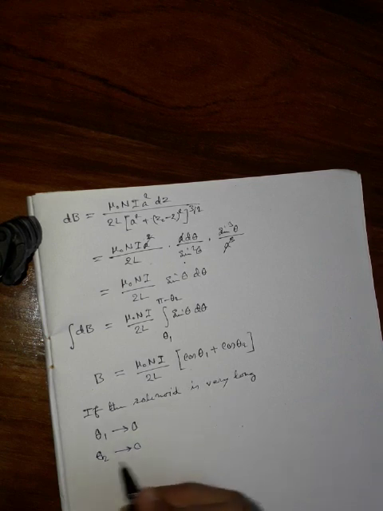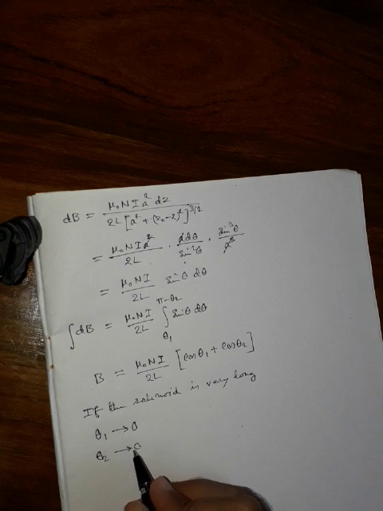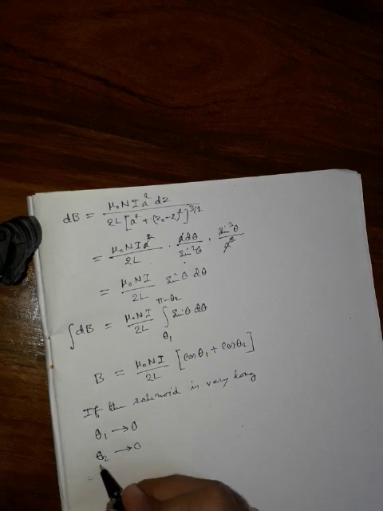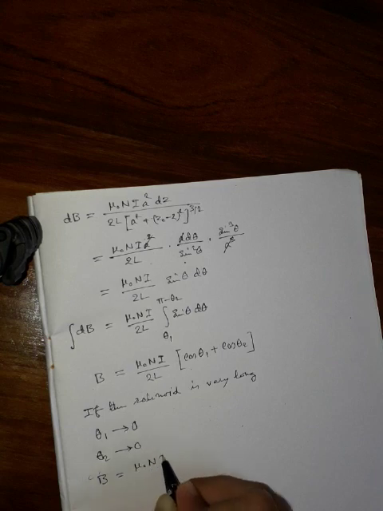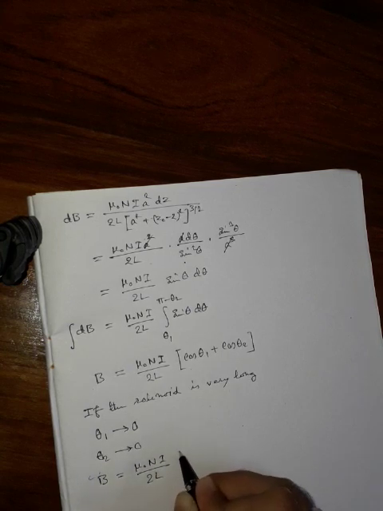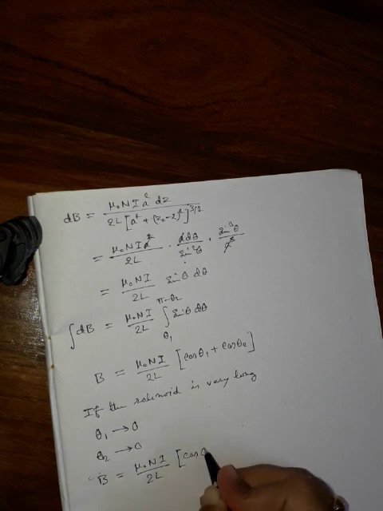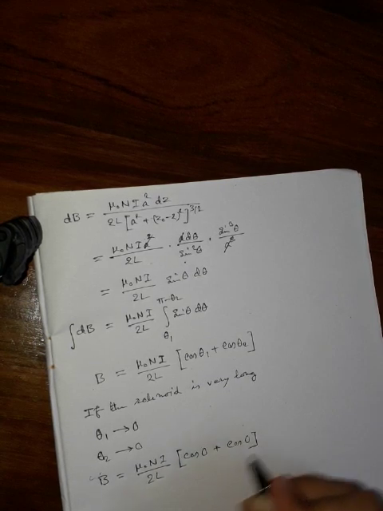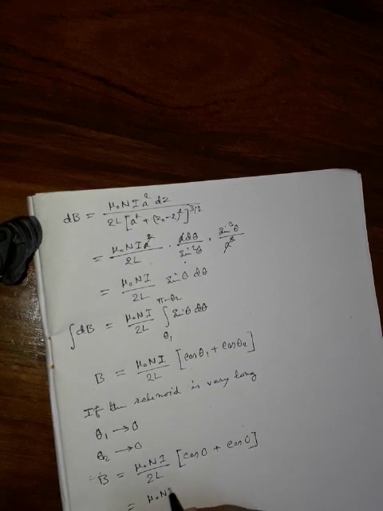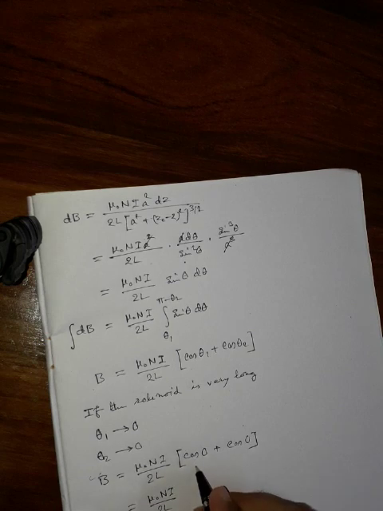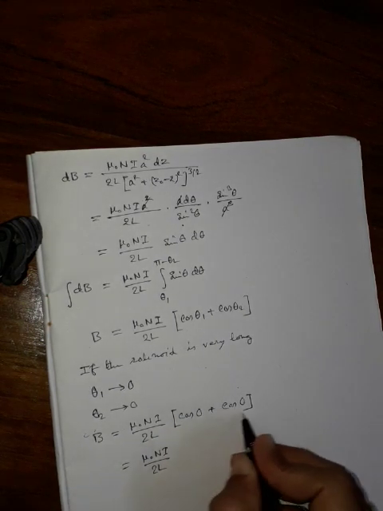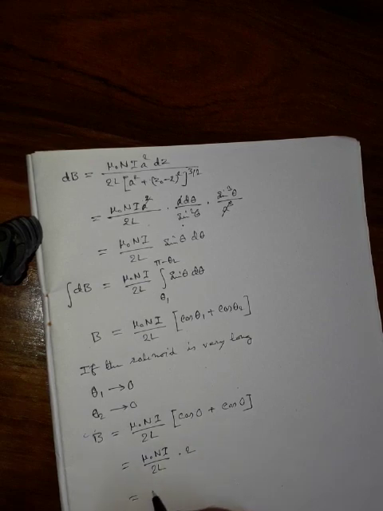And we will get B is equal to mu 0 n I by 2l into cos 0 plus cos 0, which is mu 0 n I by 2l into 1 plus 1, so 1 plus 1 means 2, into 2 is equal to mu 0 n I by L.